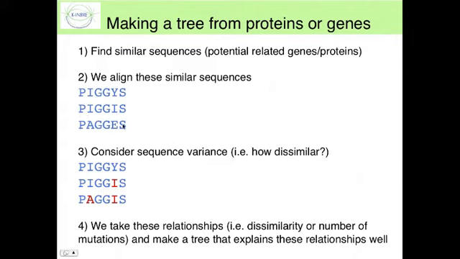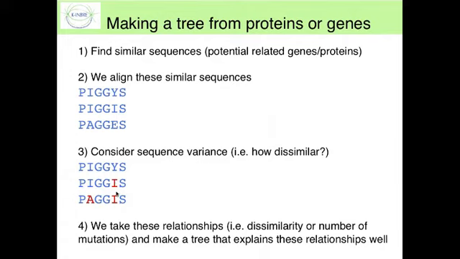And then for our third step, we consider the dissimilarities between these similar sequences. Sounds a little bit strange, but what we're looking for here is who is most closely related to who. So in this example, we've got 6 letters. We start with piggies. We've got a sequence that only varies from piggies by 1 amino acid. And then we've got a sequence that varies from piggies by 2 amino acids.